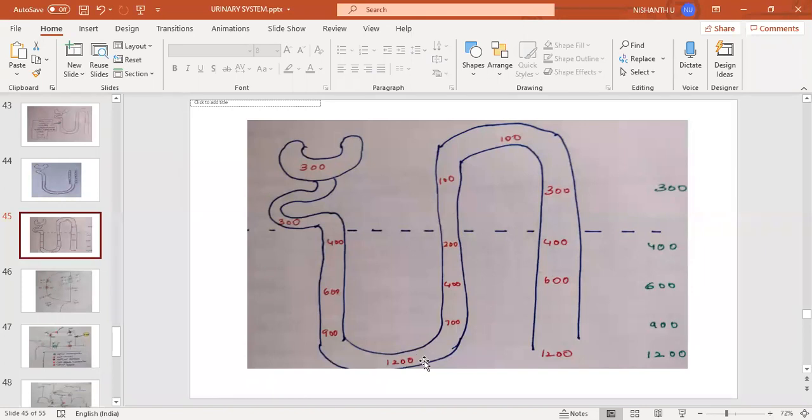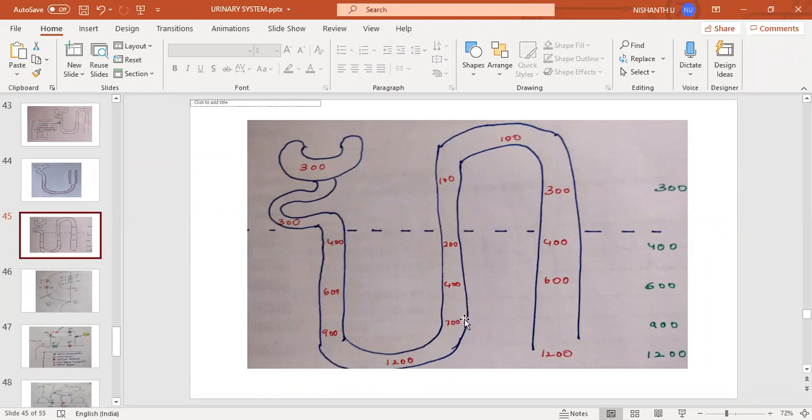But interestingly, once the filtrate starts to move towards the thin ascending loop of Henle, the cell structure of the thin ascending loop of Henle is different compared to the descending loop of Henle. It will not allow water to get reabsorbed. Only solutes are getting reabsorbed here.